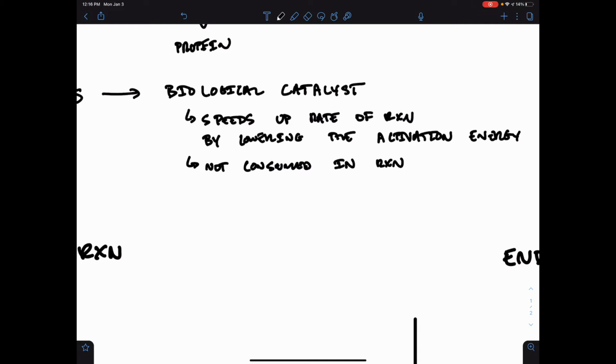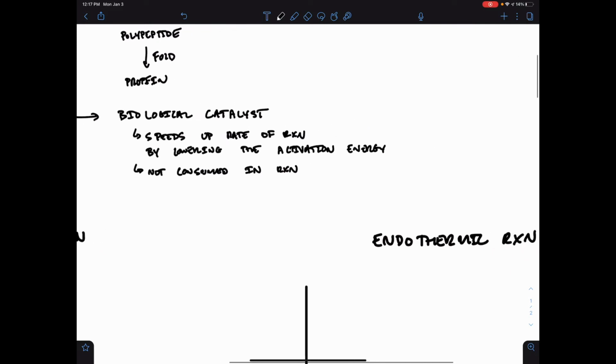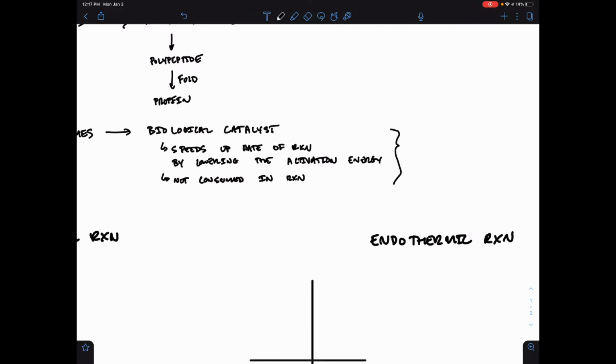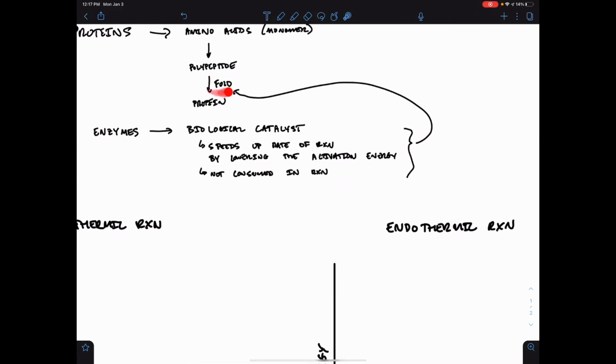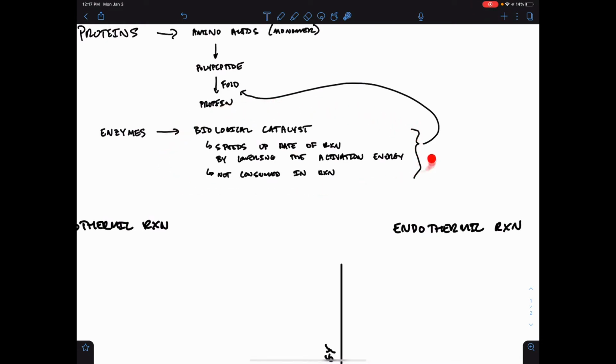And all of this functionality described here is actually linked to this idea of folding or shape of the enzyme. The specific folding pattern or three-dimensional shape it takes on to create the protein is actually what gives it this characteristic of a biological catalyst.